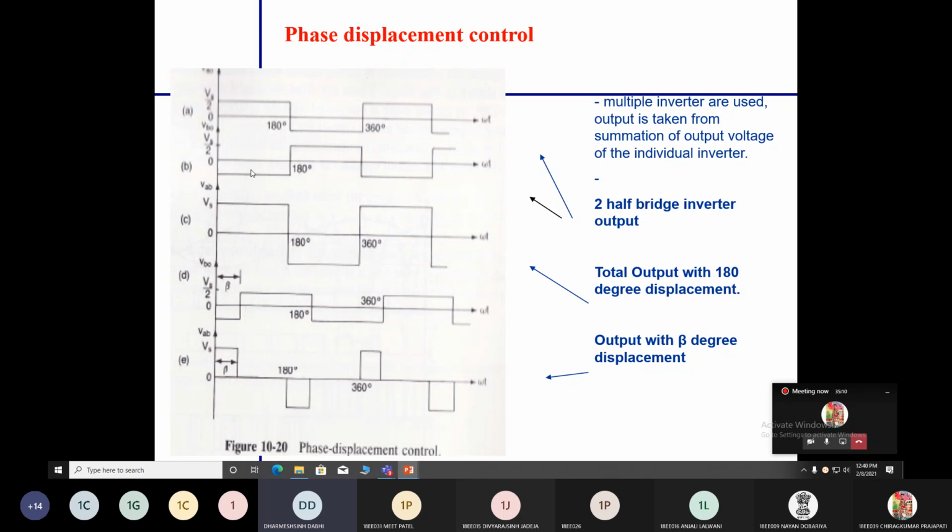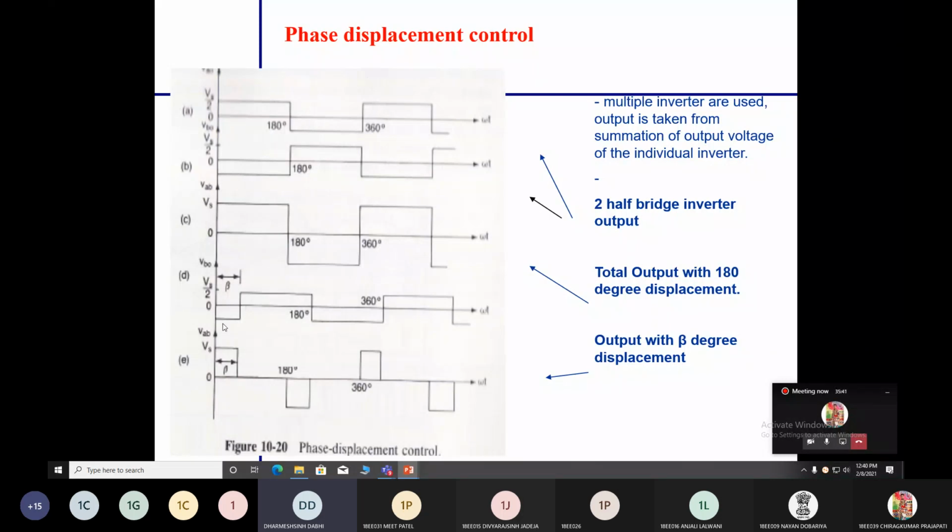The second half bridge inverter is 180 degrees phase shifted as compared to the first half bridge inverter. But suppose your second half bridge inverter is phase shifted by beta degrees as compared to the output voltage of the first half bridge inverter. Now combine both output voltages, this Vs by 2 and this output voltage. You get the output voltage only between 0 to beta.